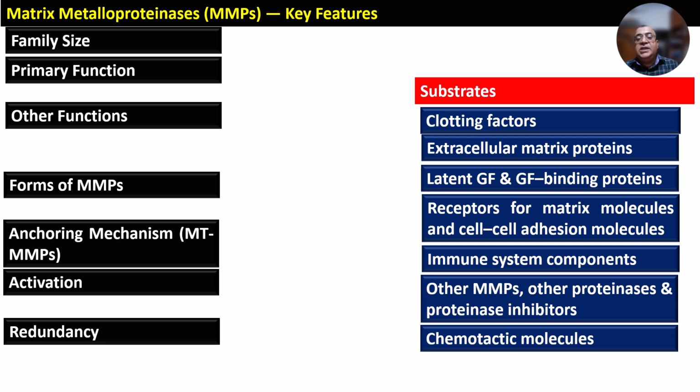So the substrates for these matrix metalloproteinases are clotting factor, extracellular matrix protein, latent growth factor and growth factor binding protein, receptors for matrix molecules and cell-to-cell adhesion molecules, immune system components, other MMPs, other proteinases and proteinase inhibitors, and various chemotactic molecules.